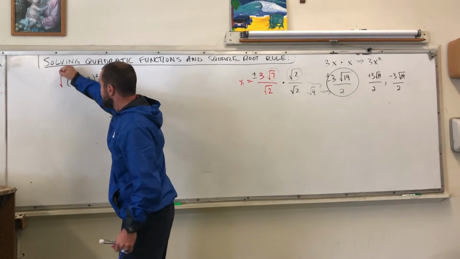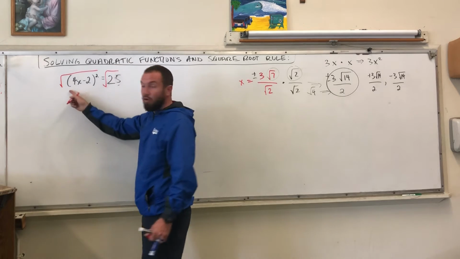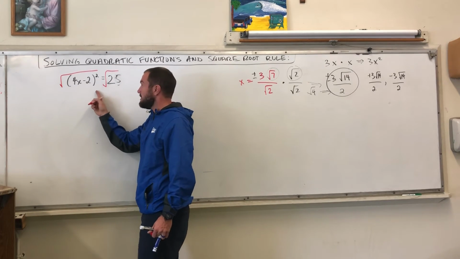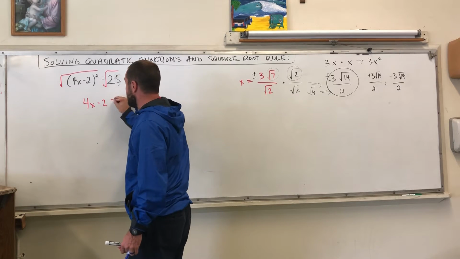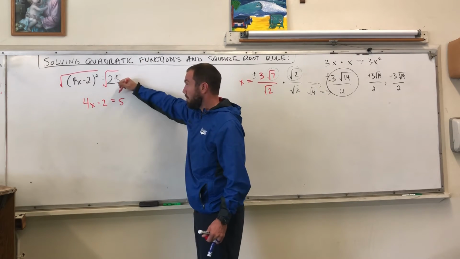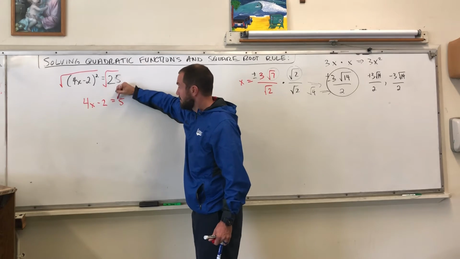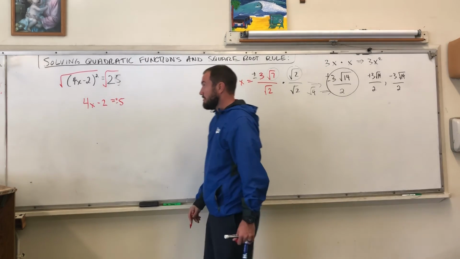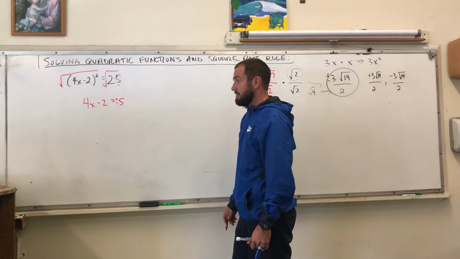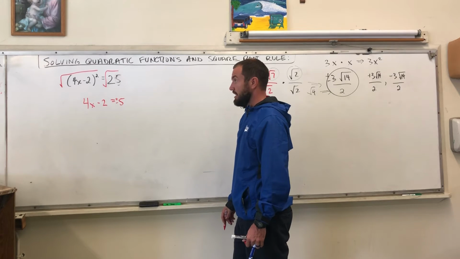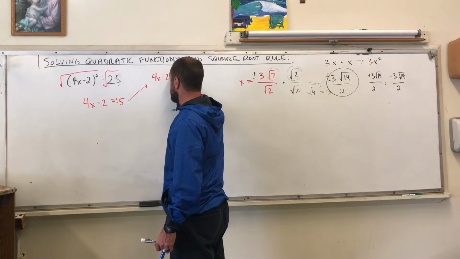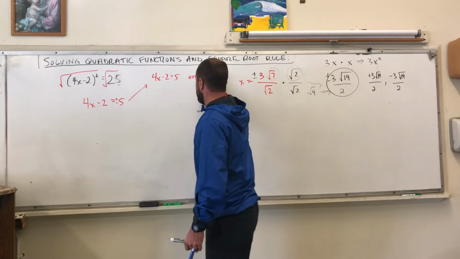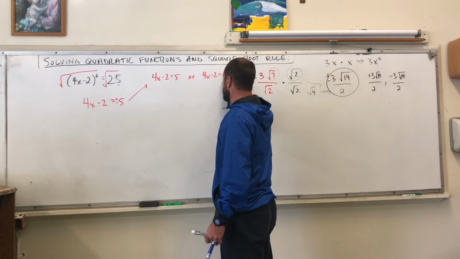So you're basically taking the square root of this whole piece. So I've simplified this to 4x minus 2 is equal to 5, or we could say plus minus 5. So I could say 4x minus 2 is equal to 5, or 4x minus 2 is equal to negative 5.